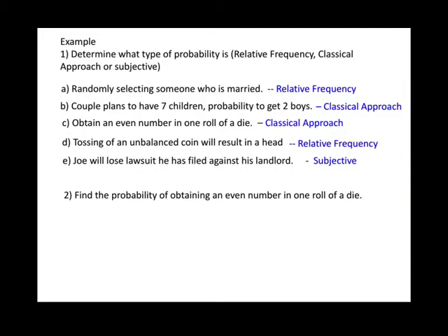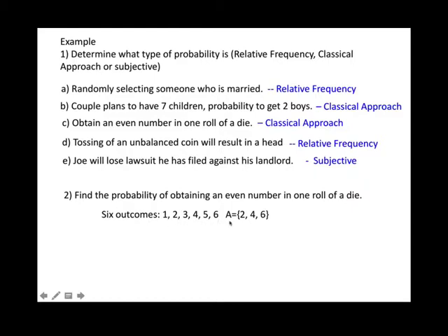Okay, example 2. Find the probability of obtaining an even number in one roll of a die. So this is by calculation. We will apply the classical approach formula. When you roll the die, you have the sample space of 6 outcomes: 1, 2, 3, 4, 5, and 6.